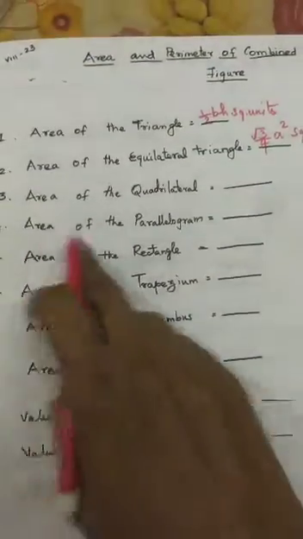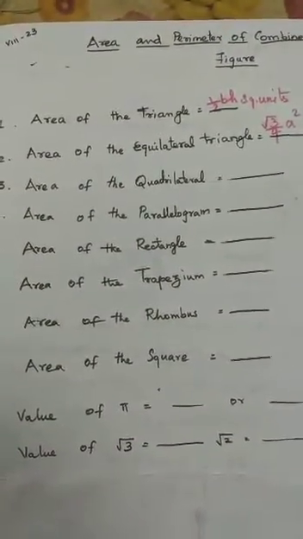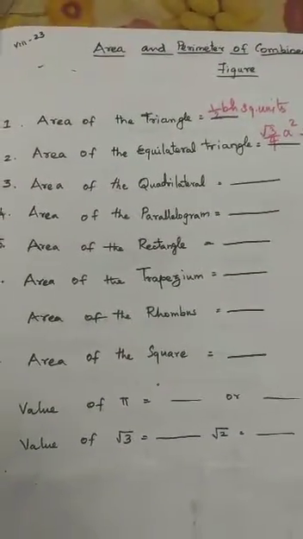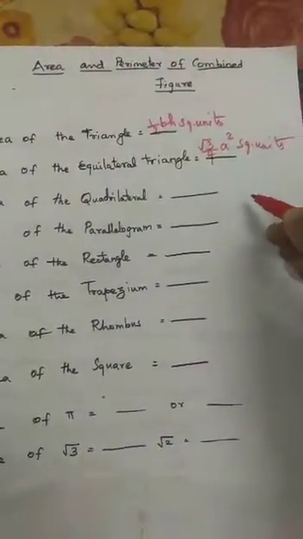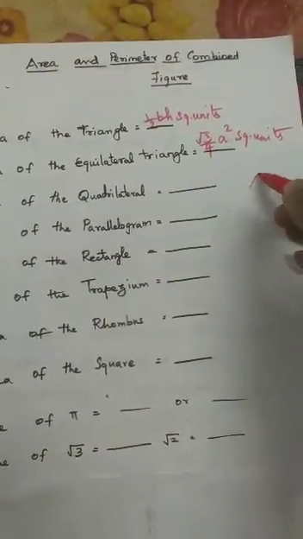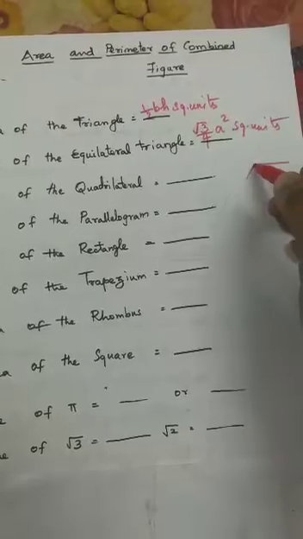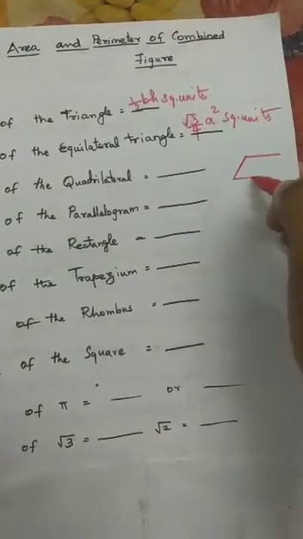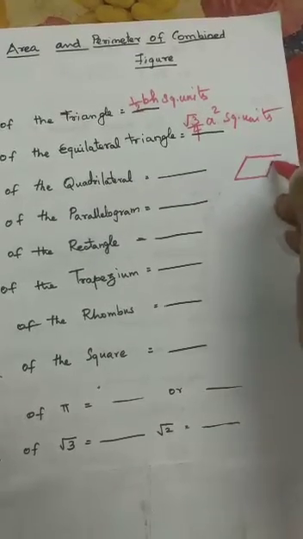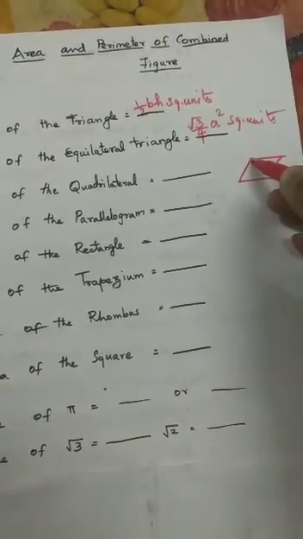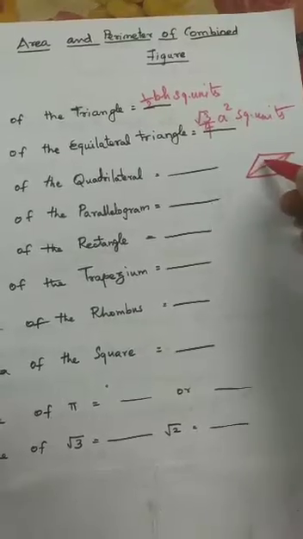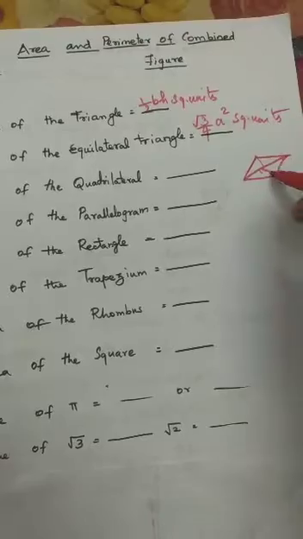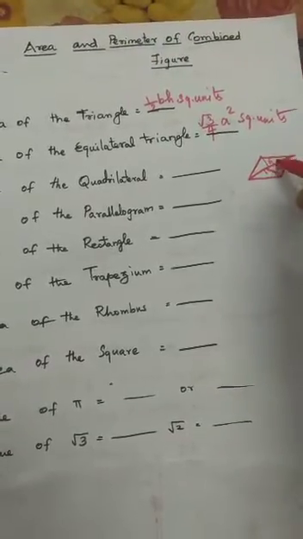Okay. Then area of the quadrilateral. Yes, you studied in 7th standard. How is the quadrilateral? H1, H2.